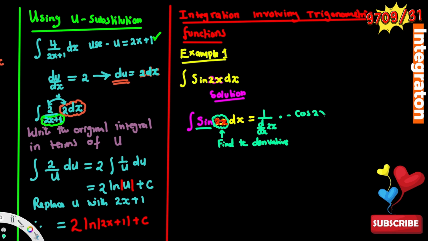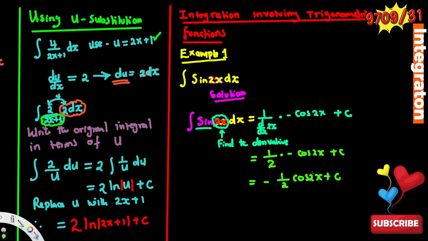When you integrate sine, you get negative cosine. So it's going to be negative cos 2x plus c. But the derivative of 2x is 2. So finally, we multiply, and our final answer becomes negative 1 over 2 cos 2x plus c.